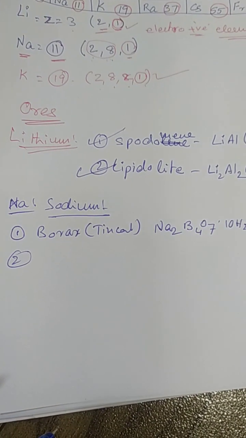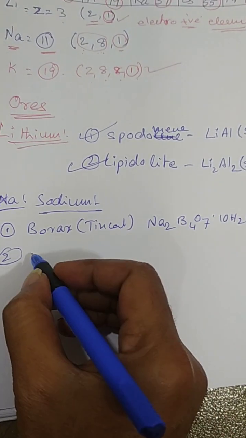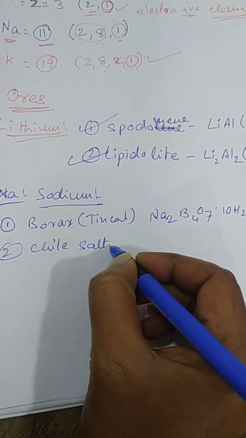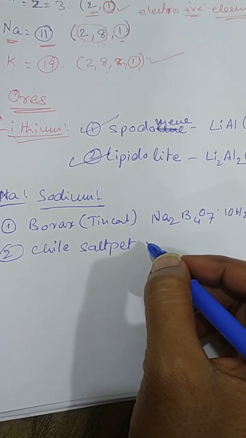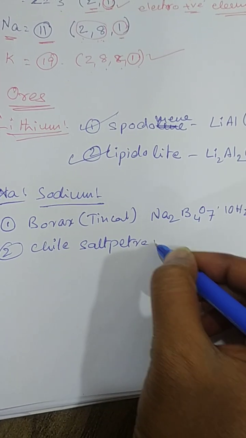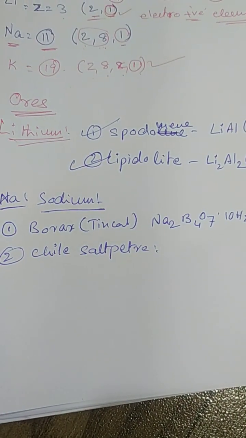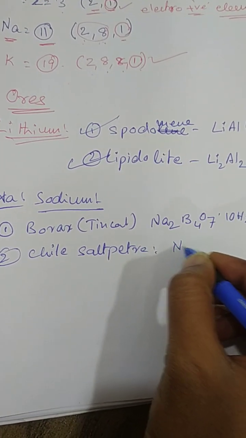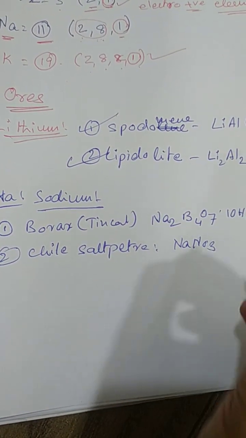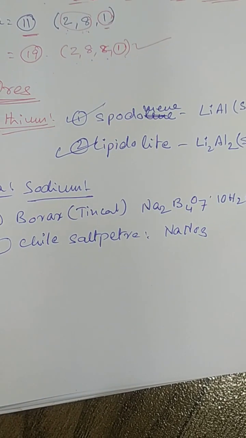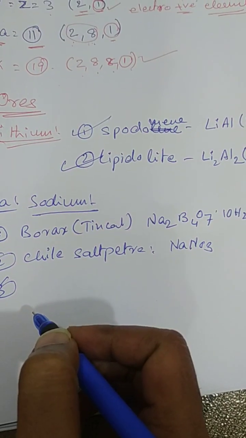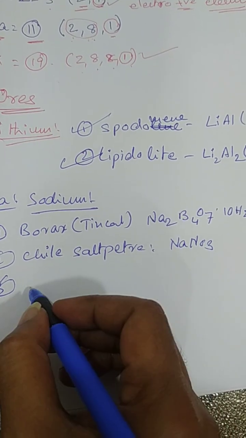Chile saltpeter is nothing but sodium nitrate. And mirabilite is sodium sulfate.